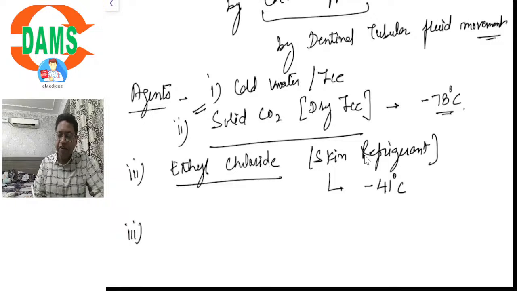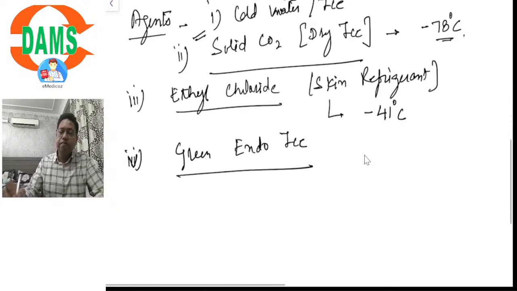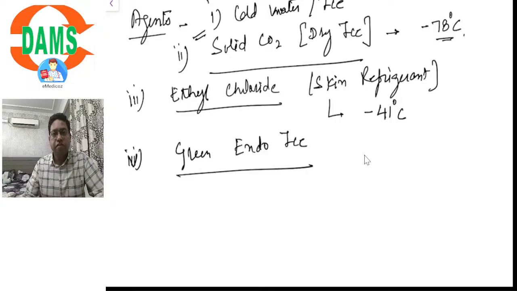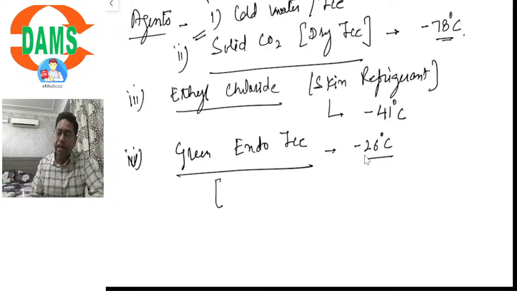Another agent that we can use is green endoice. This is a customized testing agent available for pulp testing called green endoice. Temperature of negative 26 degrees Celsius. And it is chemically a compound called 1,1,1,2-tetrafluoroethane.